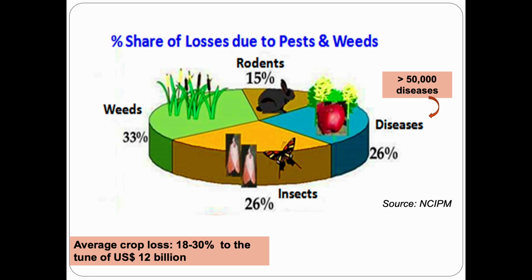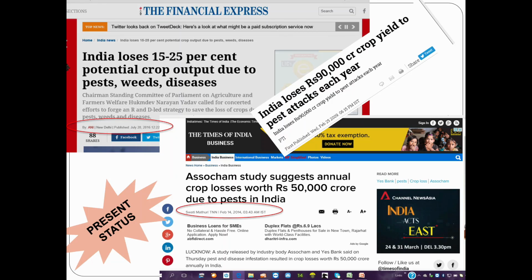Please try to remember, there are more than 50,000 diseases which are caused by fungi, bacteria, nematodes, mycoplasma, and viruses. You will be surprised to know that our country, India, loses 15 to 25% of potential crop output due to pests, weeds as well as diseases.